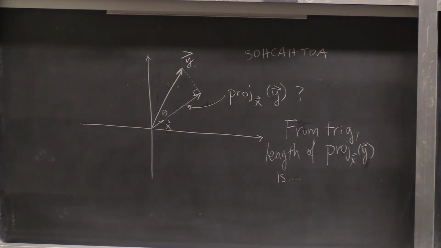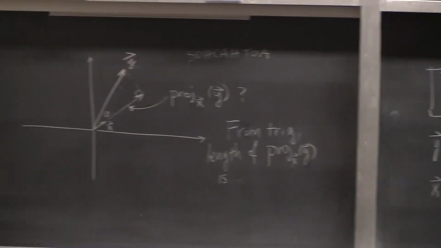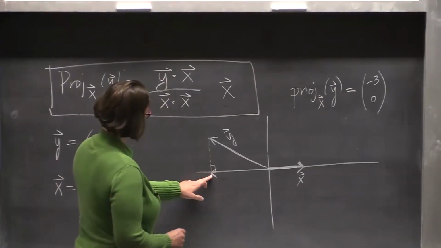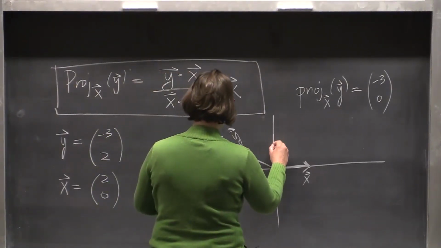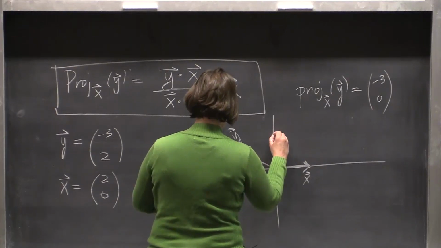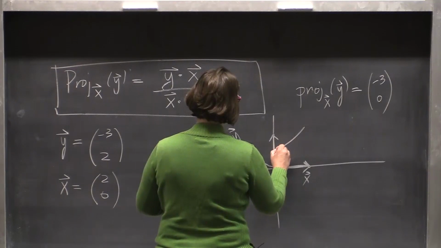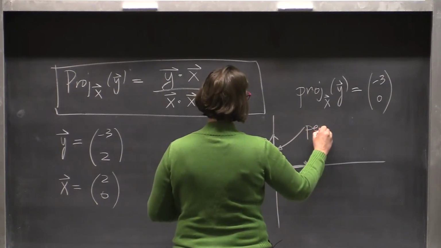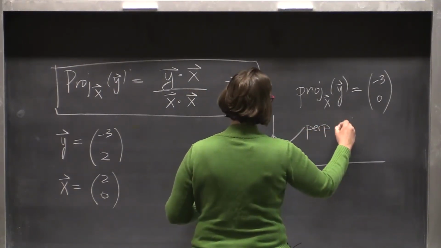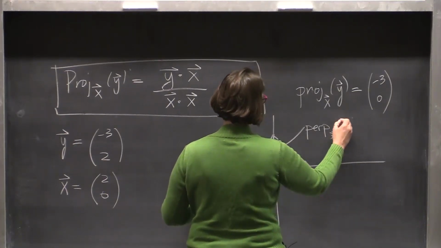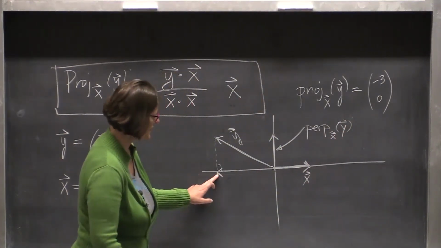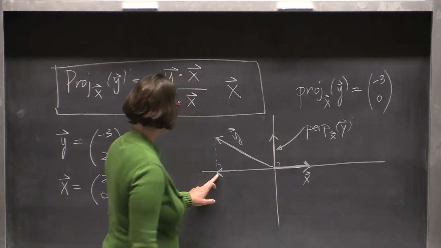Are there questions? Okay, now here, I got that vector. If I wanted this vector, this is the thing that we call perp y x. It's the part which is orthogonal to x.